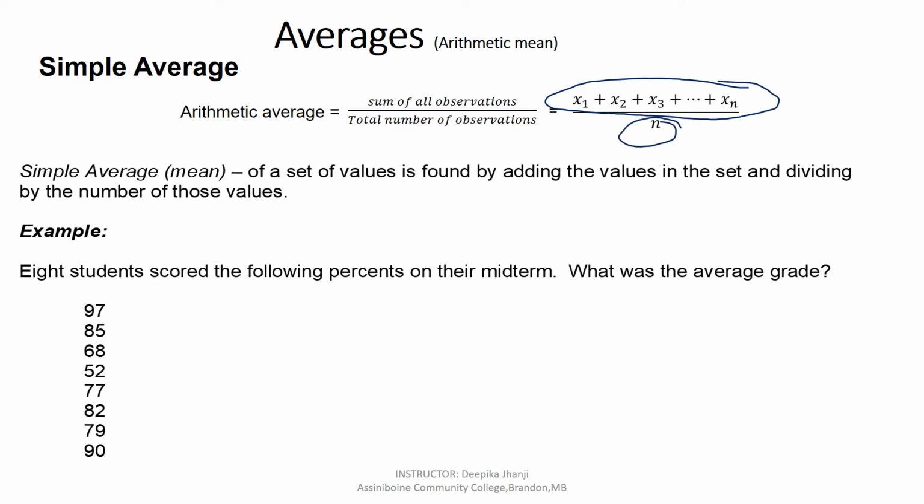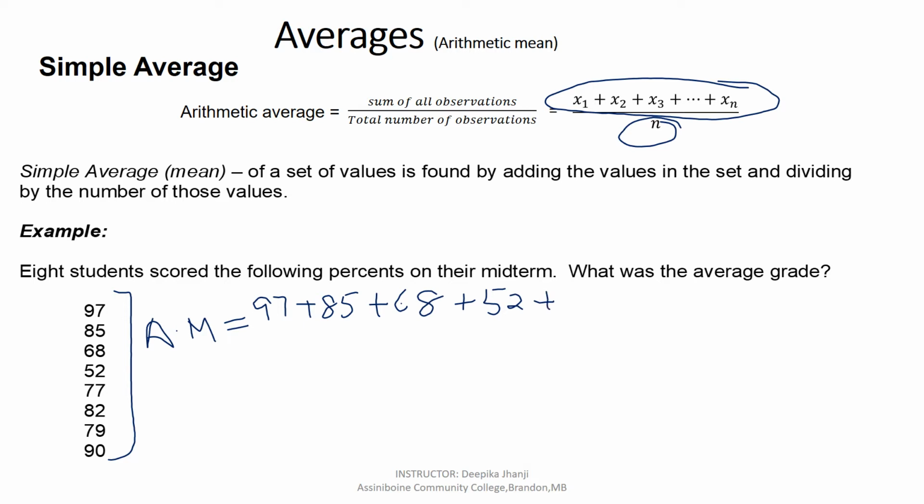So if we consider this data here, arithmetic average or arithmetic mean would be the sum of all the values. So we're going to add individual values 97 plus 85 plus 68 plus 52 and so on.